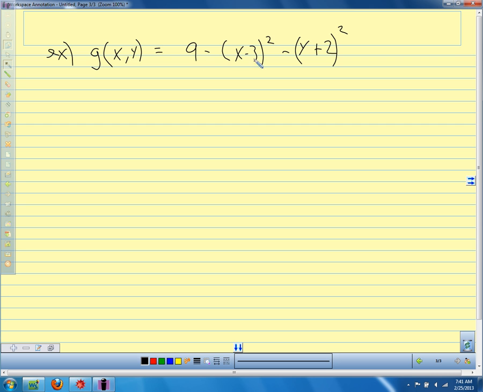And if we let x equal 0, we get z equals 9 minus (y plus 2) squared. So some variation of z equals y squared. Parabola. So it's a paraboloid. And because we have this 9 minus, which direction does it open? Downward, right? So the problem here is to find any extrema.